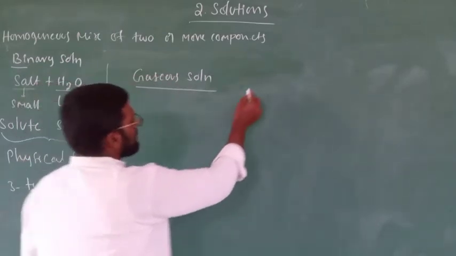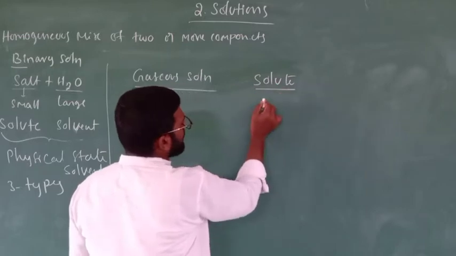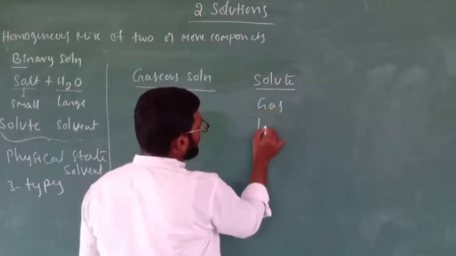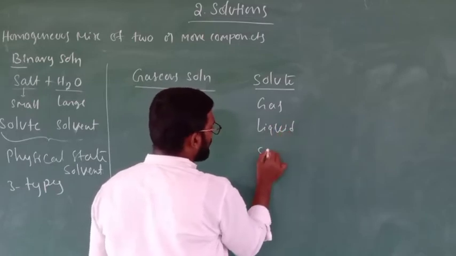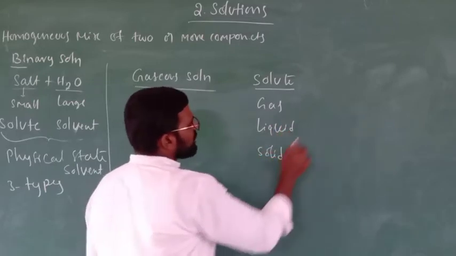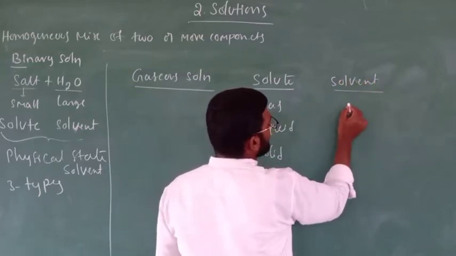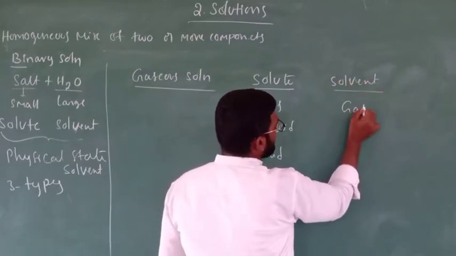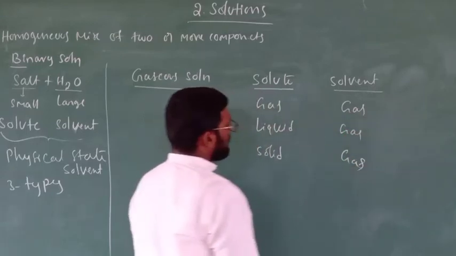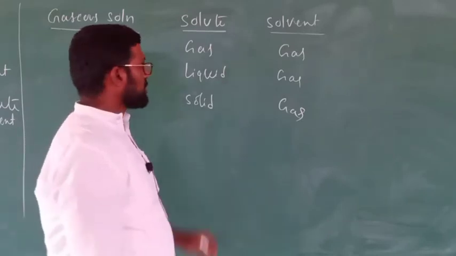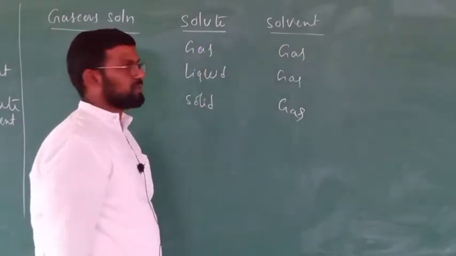In gaseous solutions, the solute may be a gas, or a liquid, or a solid. But the solvent must be a gas. Right. Now let's see a few examples. First, gas in gas type of solution.